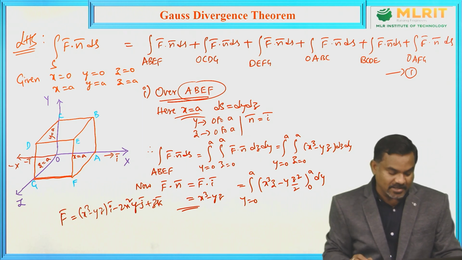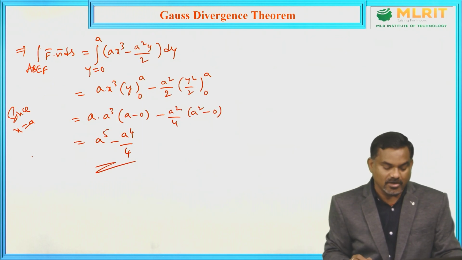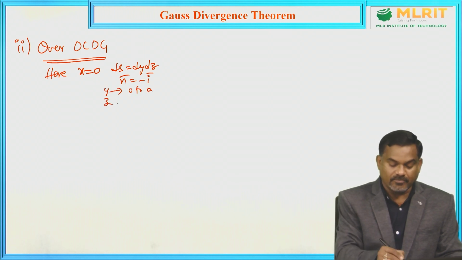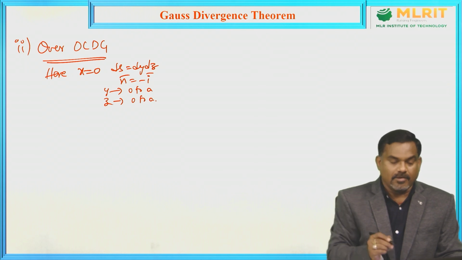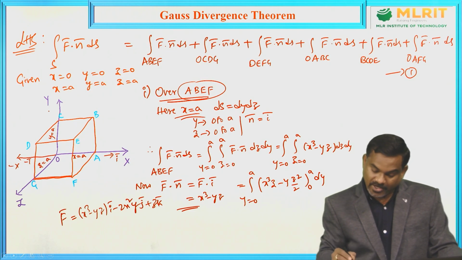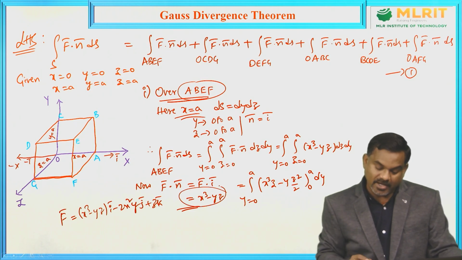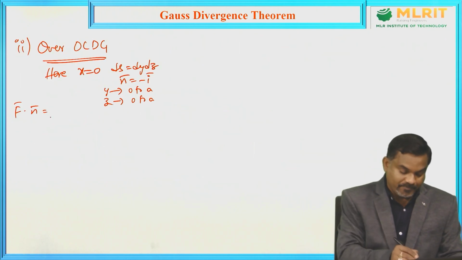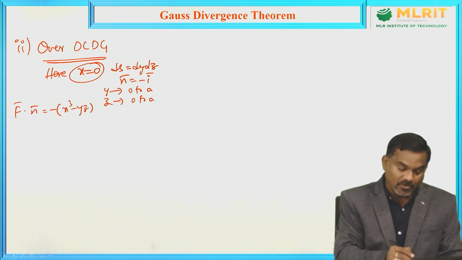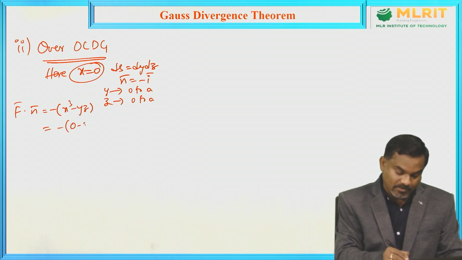So minus i bar is the outward drawn unit normal vector. So y from 0 to a, the limits of y and z, and what is f bar dot n bar? With minus sign we get, previously we calculated f bar dot n bar, minus of x cube minus yz, but x is 0, so minus 0 minus yz, so y into z.